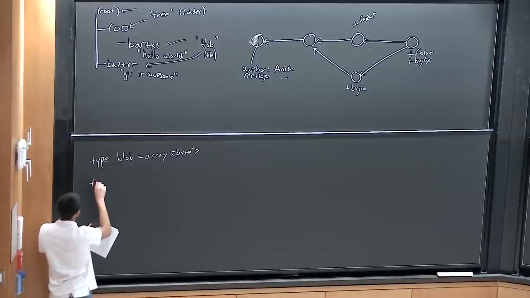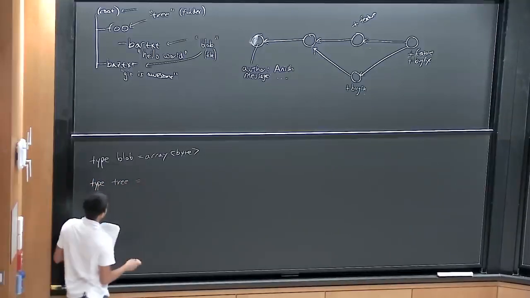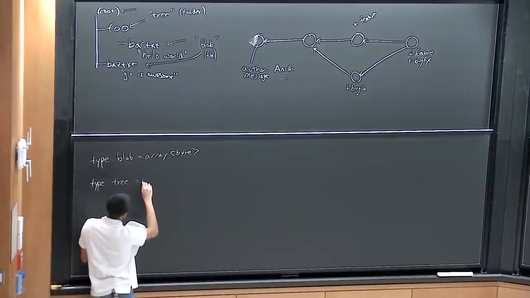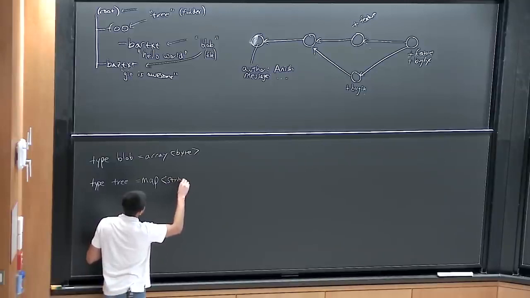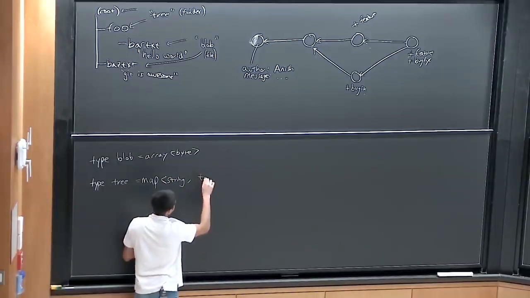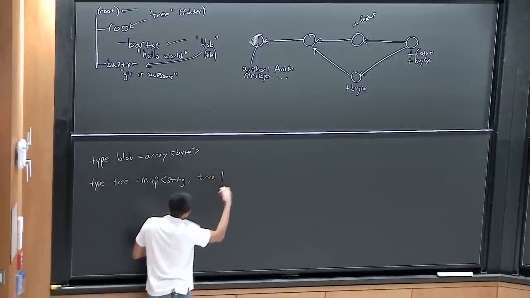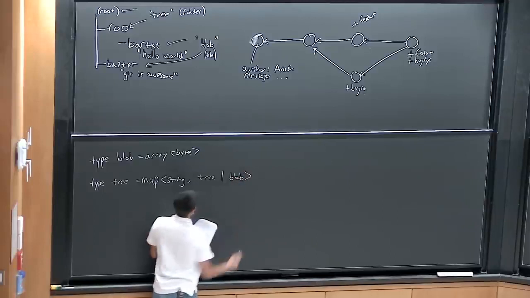Okay, then what is a tree? Remember that this is just a folder. What are folders? They're mappings from the file name or directory name to the actual contents. And the contents are either another tree, like a subtree, or the file.